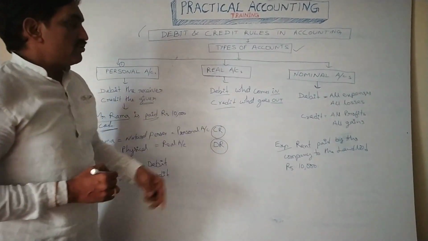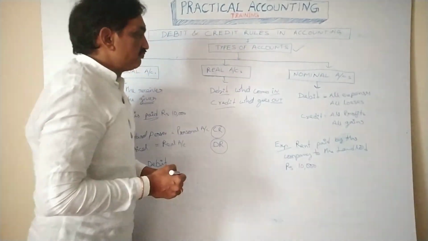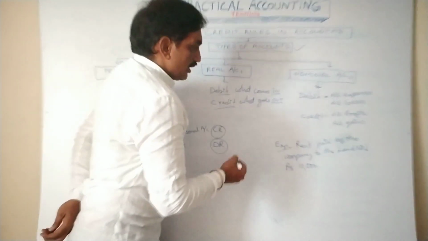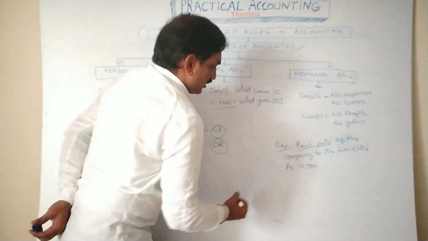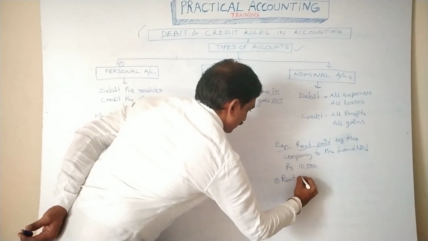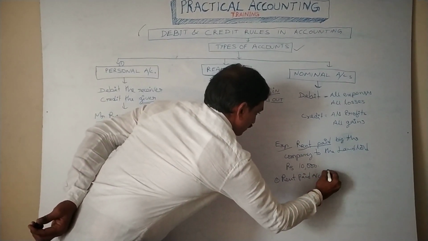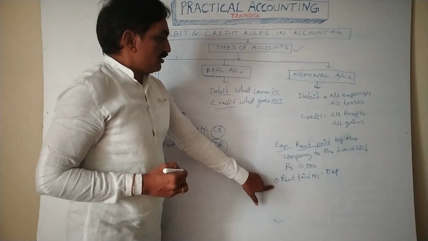Here, first we have to find out what the accounts are. Rent paid is expenses. Rent paid account is one account.